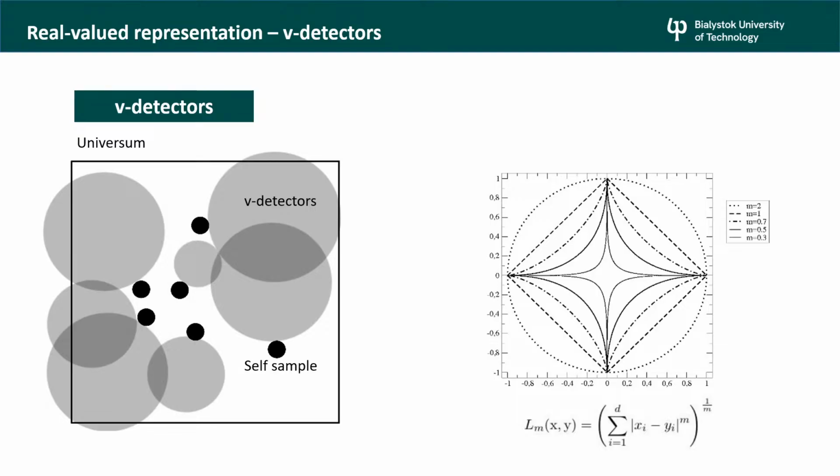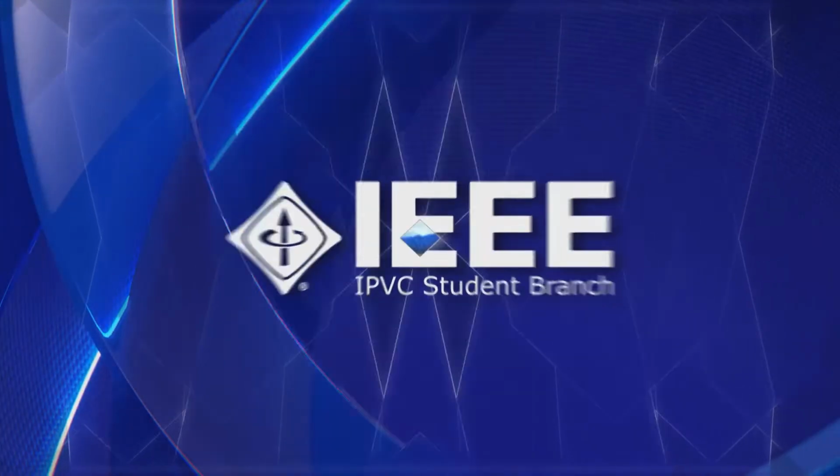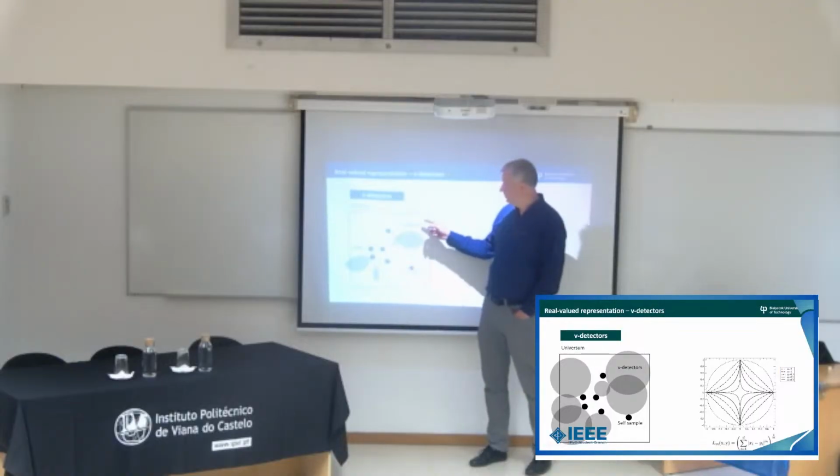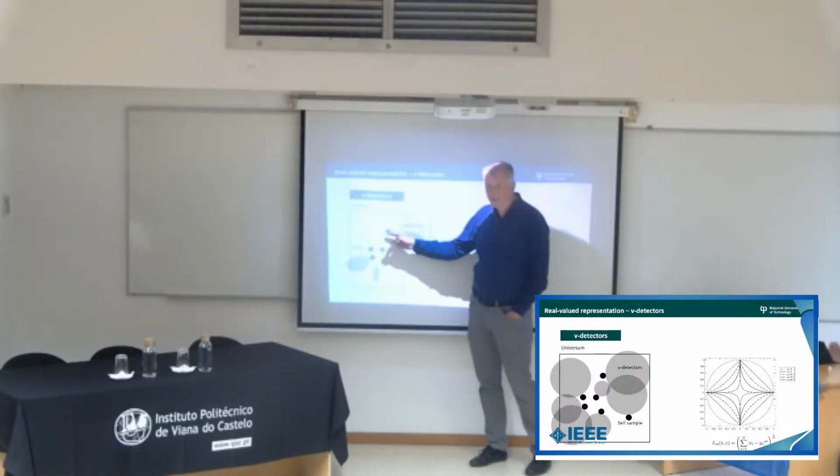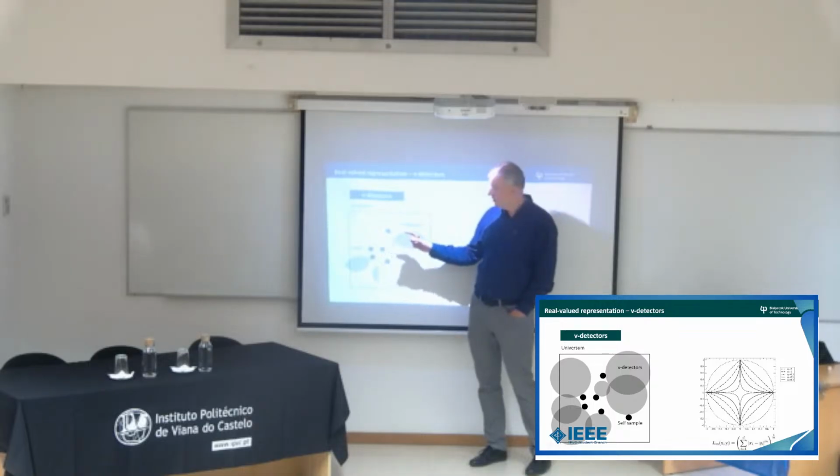We put the self-samples into the universal set, and our goal is to fill this square with V-detectors. But V-detectors cannot cover any of the self-samples.